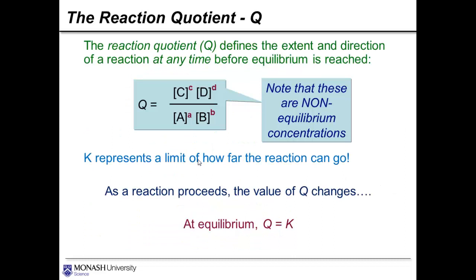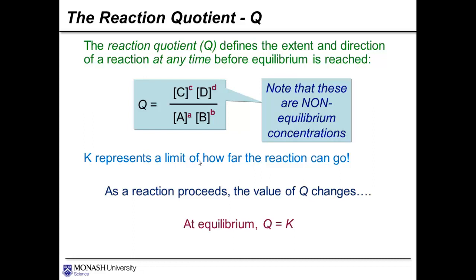We also introduce another term, and that's Q, the reaction quotient. It defines the extent and the direction of a reaction at any time before or after the equilibrium has been reached. You can see that the general expression for Q looks very similar to the way that we calculate K. But in this case, Q is used at any time, even when we're not at equilibrium.